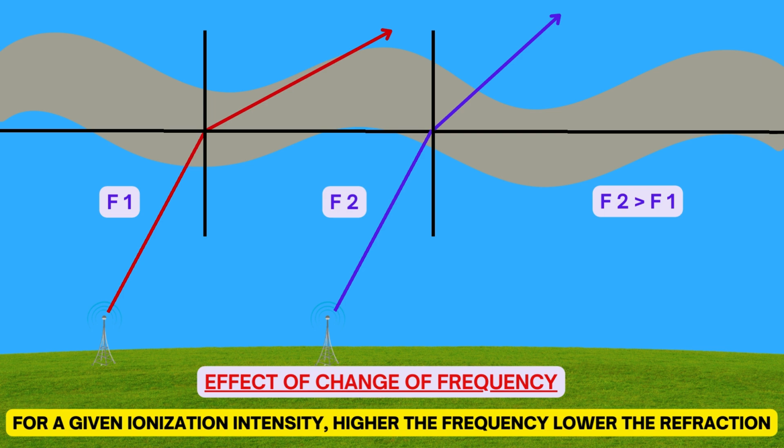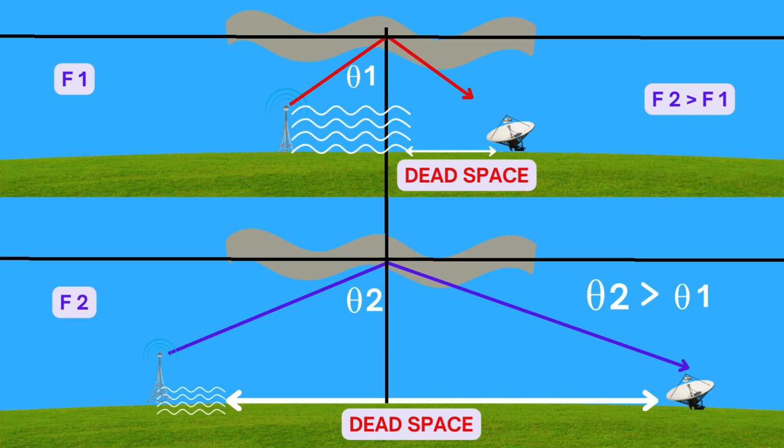For a given ionization intensity, higher the frequency, lower will be the refraction. So as the frequency increases, higher critical angle will be required for reflection, and consequently the skip distance and dead space will also increase. As frequency increases, the surface wave range will decrease.